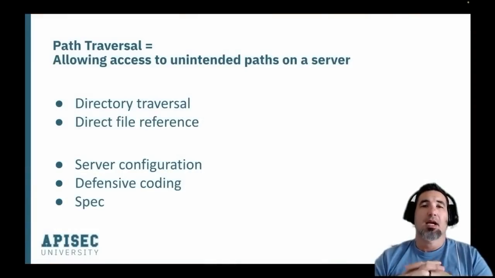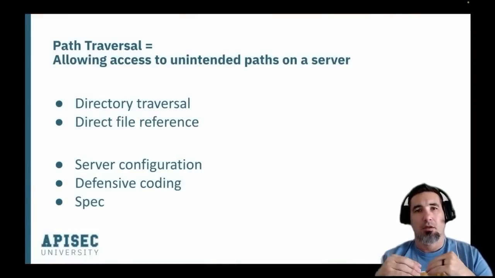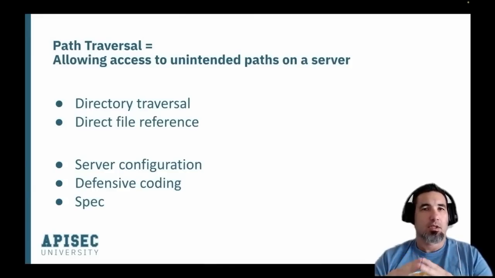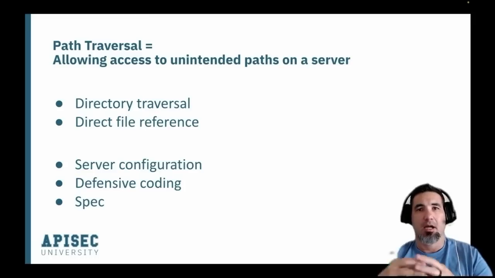Hi, I'm Anthony Ottawis for APIsec University, and in this video, we'll be talking about path traversal vulnerabilities. Path traversal vulnerability is anything that allows an attacker or user to be able to access files and directories that weren't intended to be served up by the API or web server.